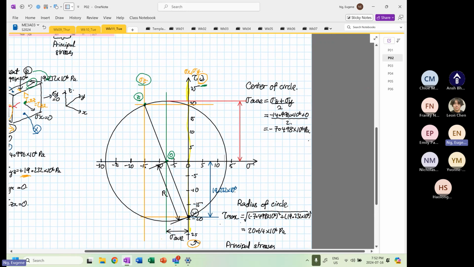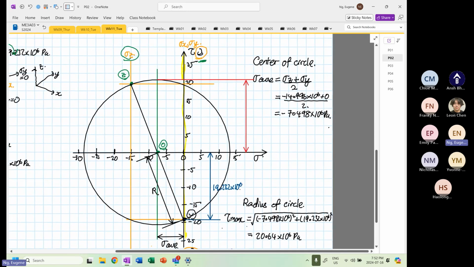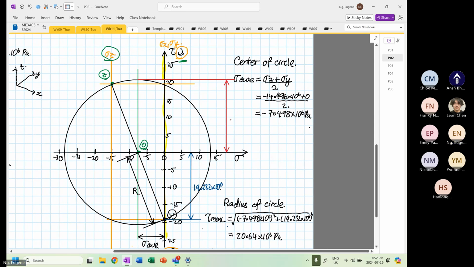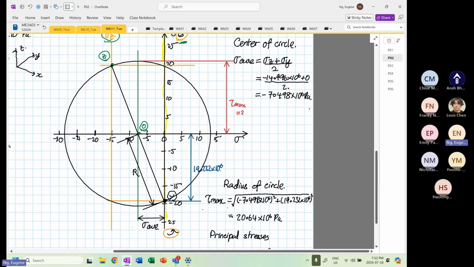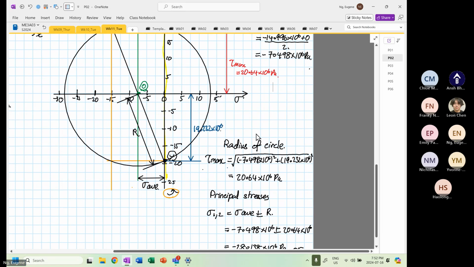Okay. So this is our tau max. And our tau max is equal to 20.64. Okay. And then we also have calculated our principal stresses.